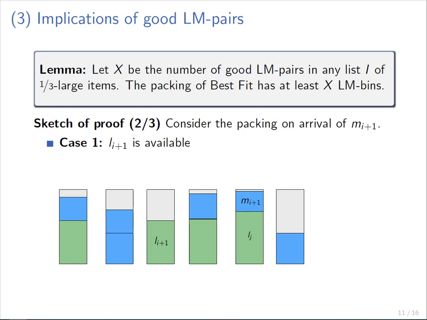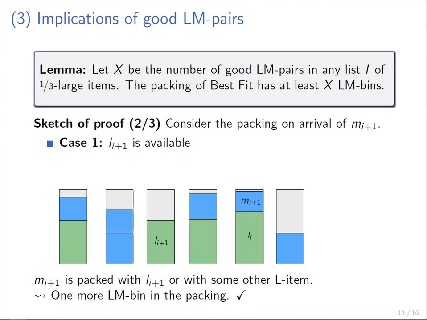And then best fit would pack the M item with Lj. This might happen, but this is also fine because also in this case we get a new LM bin. So in both cases, after packing Mi+1, we have at least i plus 1 LM bins in the packing.